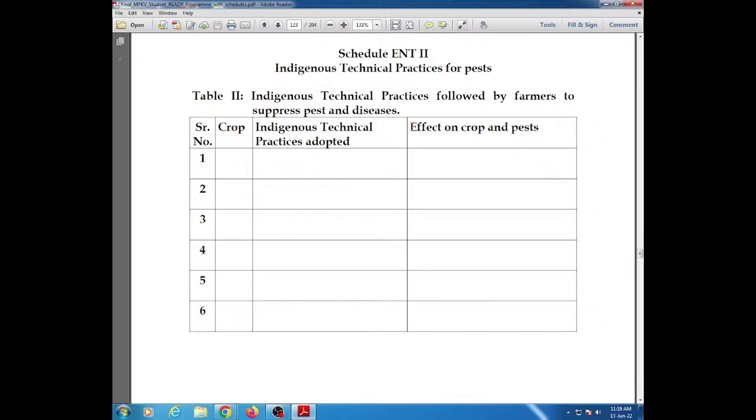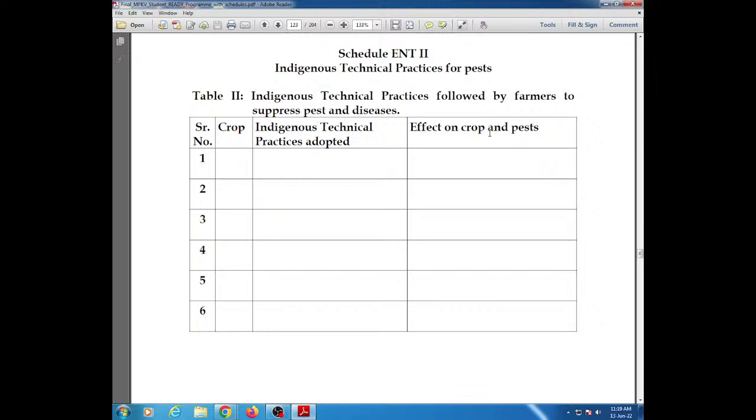Okay, and you should know the effect of that particular indigenous technical practice on the crop and the pest. Means what is the actual effect of that particular indigenous technical practice on the pest or the crop in the field.